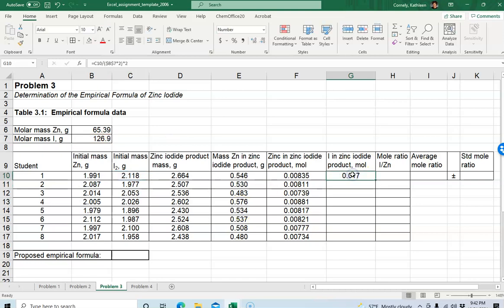So now if I hit Control C and Control V, then again you can see if you look up here at the formula bar that you get C10 divided by B7, C11, C12, C13, C14, C15, C16, but B7 stays the same all the time.